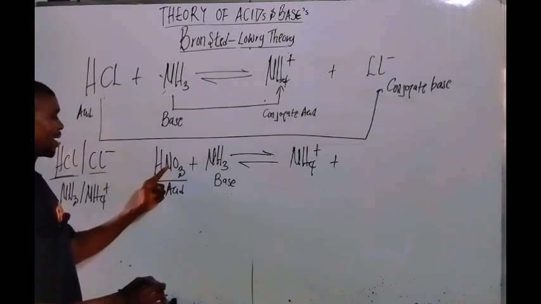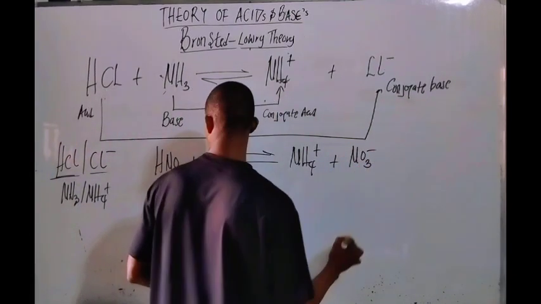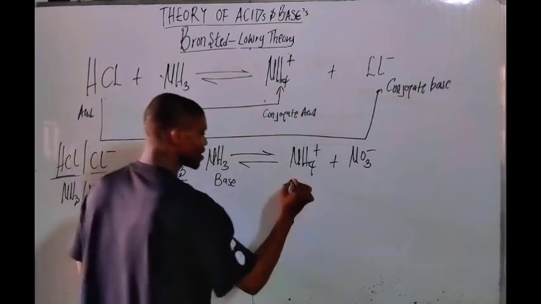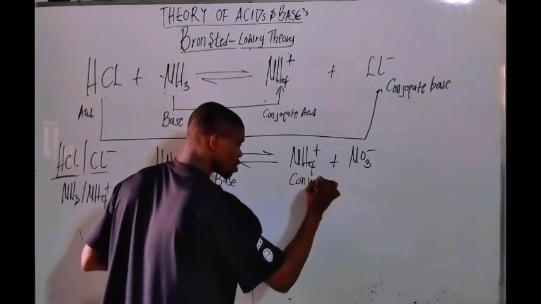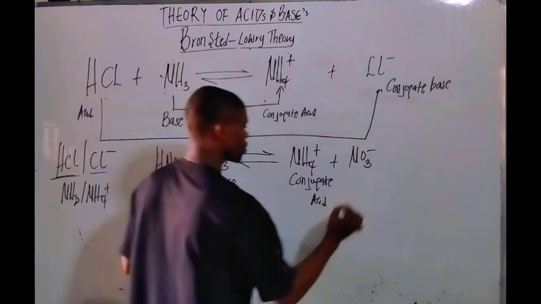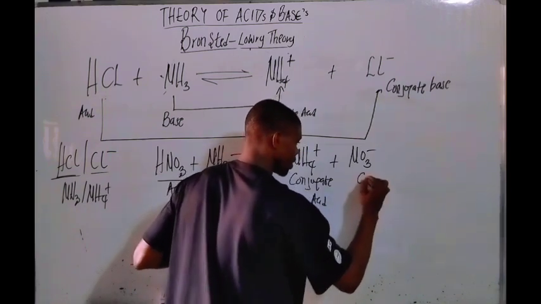Now what will happen here? Here we have NO3 minus, which is the base. So here we have the conjugate acid, and here we have the conjugate base.